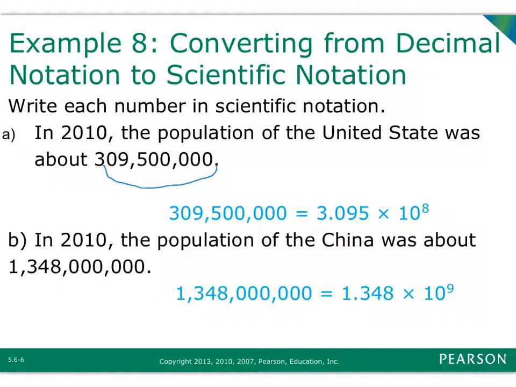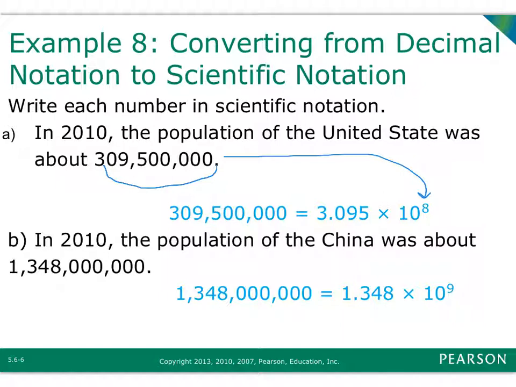So when we do that, we count how many places over to the left we moved. 1, 2, 3, 4, 5, 6, 7, 8. So we notice that 8 is put in the exponent position of the 10. And we now can write it as 3.095 times 10 to the 8th power.